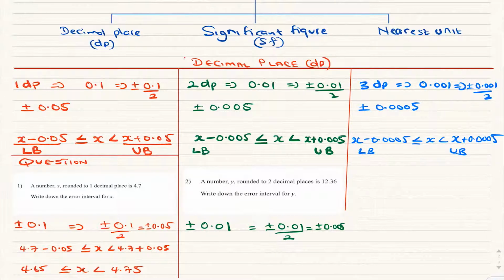Now the y value would be 12.36 minus 0.005.